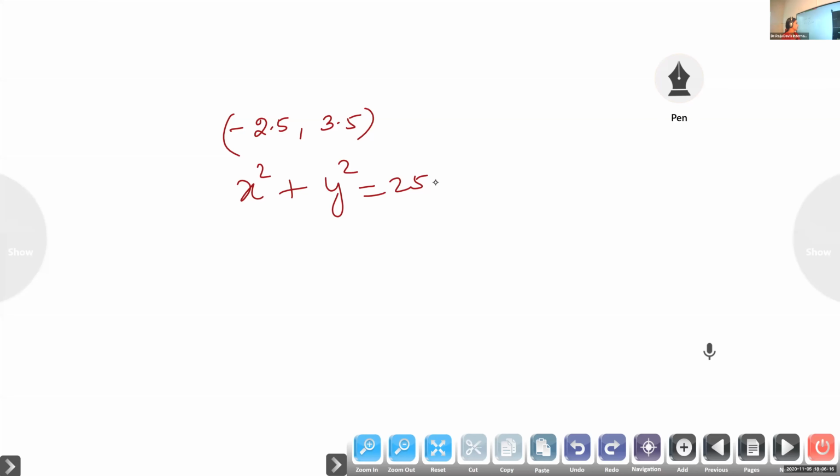So how to do this? Does this point lie inside or outside? An equation of the circle is given as x square plus y square is equal to 25. So what is the center and what is the radius of the circle here?